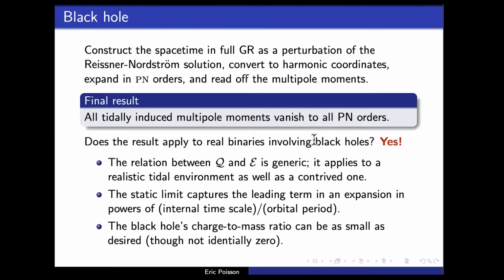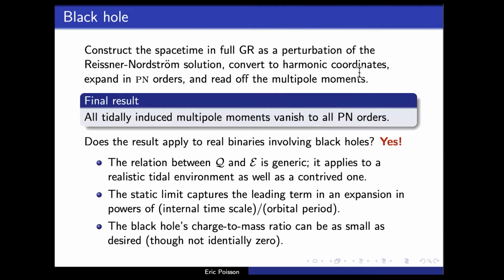So that's the setup. I'll spare you the details, and I'm running out of time anyway. But what I can do is this. I calculate the metric everywhere in my spacetime as a perturbation of Reissner-Nordström. Then I do all the technical things that will allow me to return to the post-Newtonian picture, and I incorporate, for example, a conversion to harmonic coordinates.